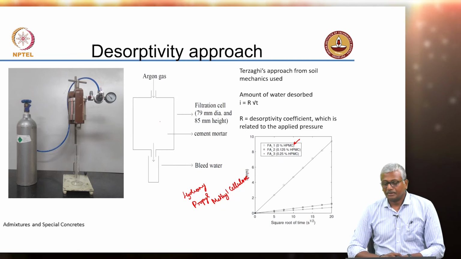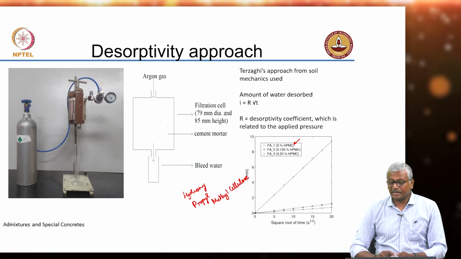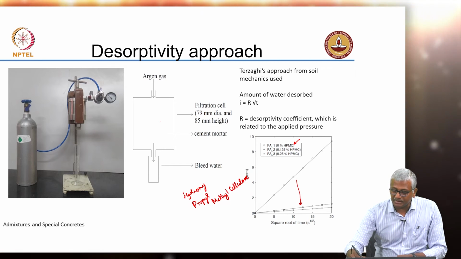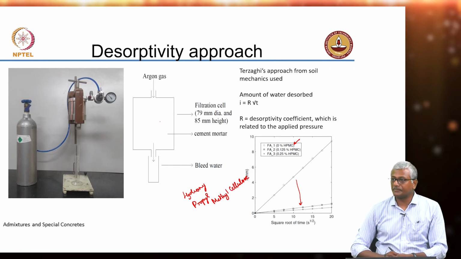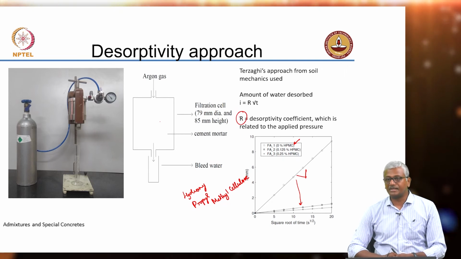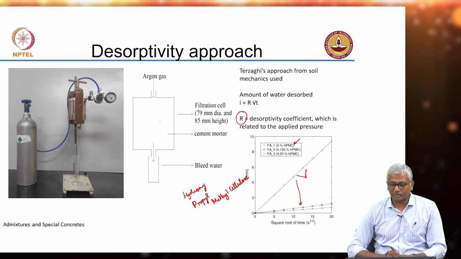That was the VMA that was used at different dosages, as you can see, and you see that the extent of bleed water with time basically comes down significantly. And if you take the slope, you can call that the desorptivity coefficient. The slope of this curve is the desorptivity coefficient.